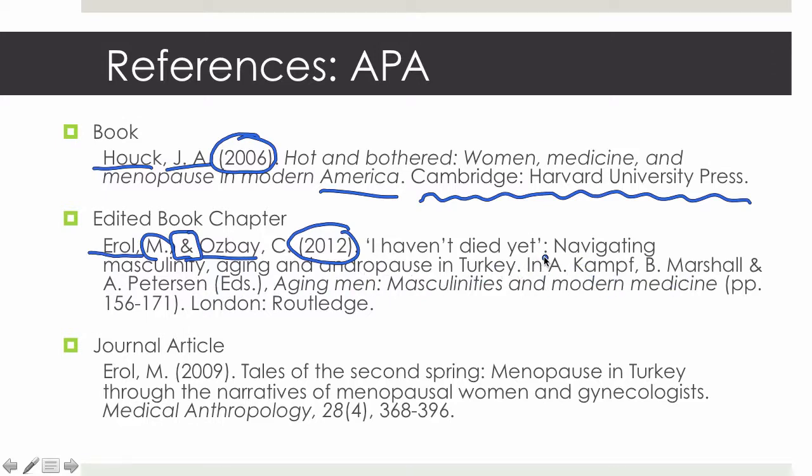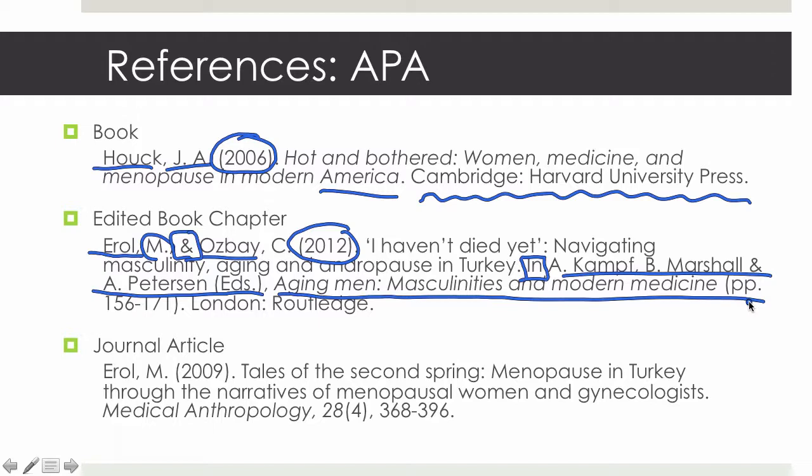It is followed by "In" and the names of the editors. This time their surname doesn't come first, and then you add the title of the book in italicized form, and in parentheses you give the pages where the chapter is, and the publication information.